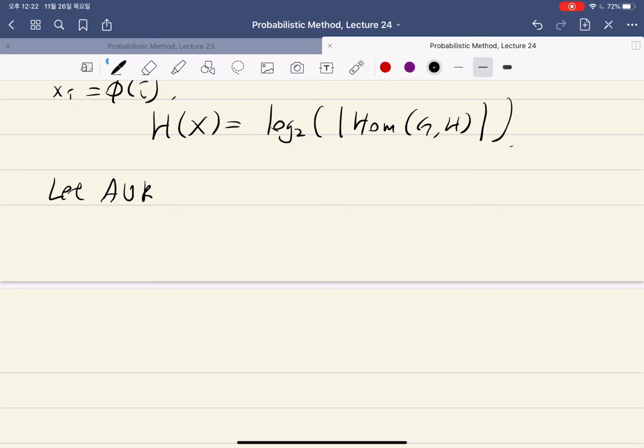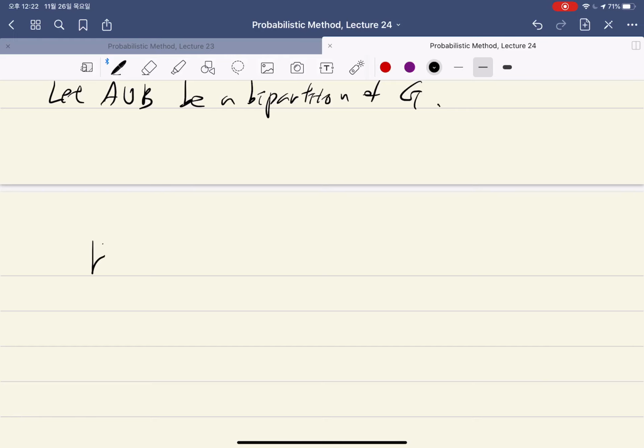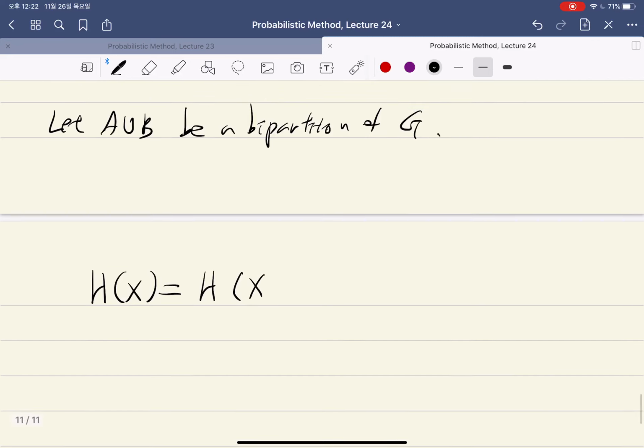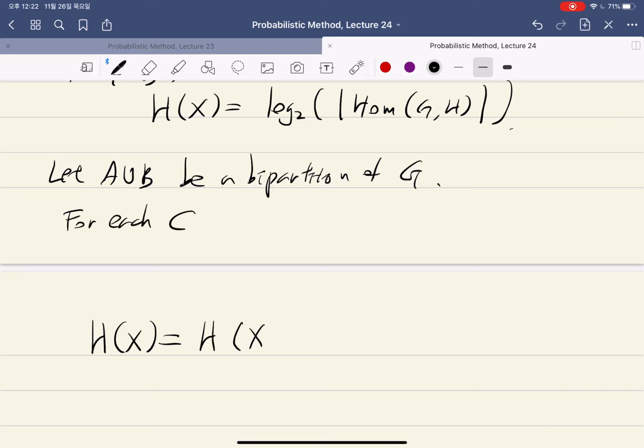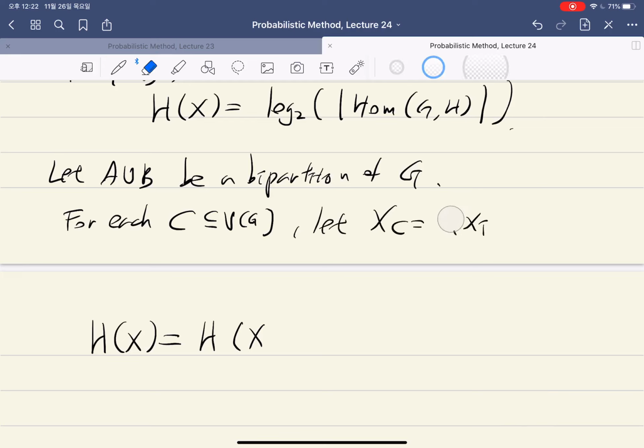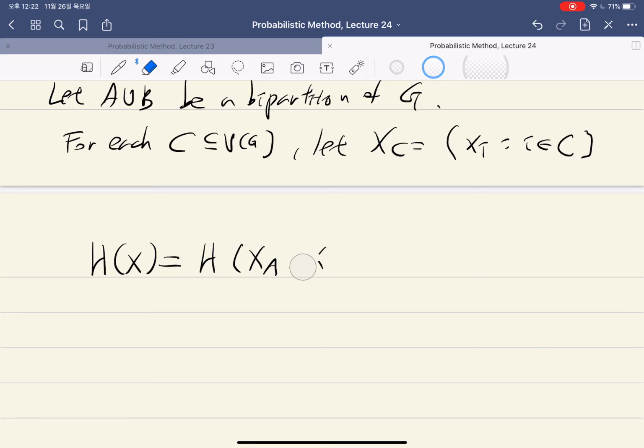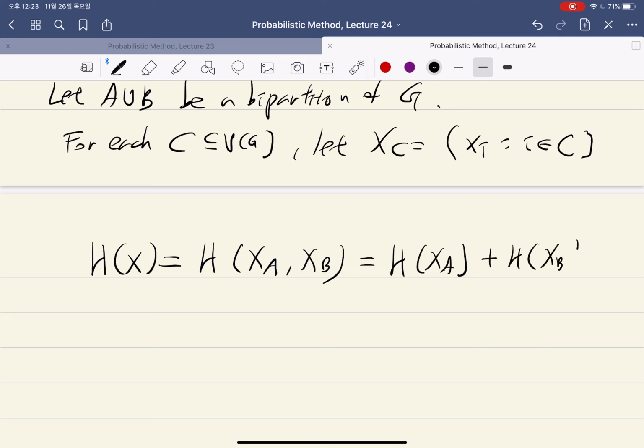And let A union B be a bipartition of G. For each C a subset of the vertex set, let X_C be the joint distribution of X_i where i lies in C. Then the entropy of X is the entropy of X_A and X_B together, which is the entropy of X_B plus the entropy of X_A conditioning on X_B. This is the chain rule.